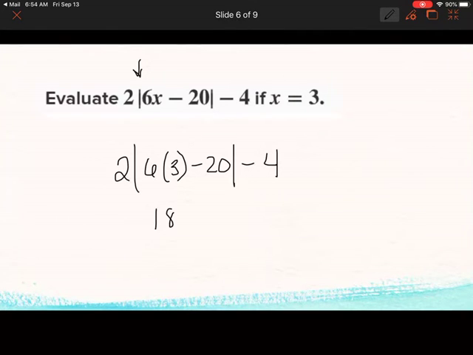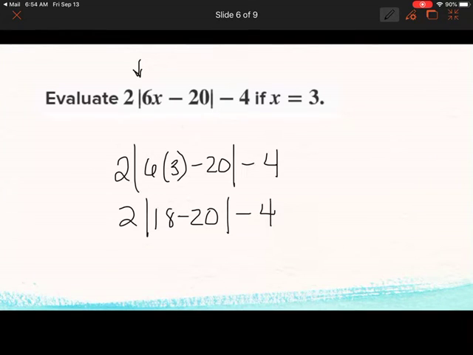So I multiply, then bring everything else down. So 18 minus 20 is a -2. And then the absolute value of -2 is a +2.